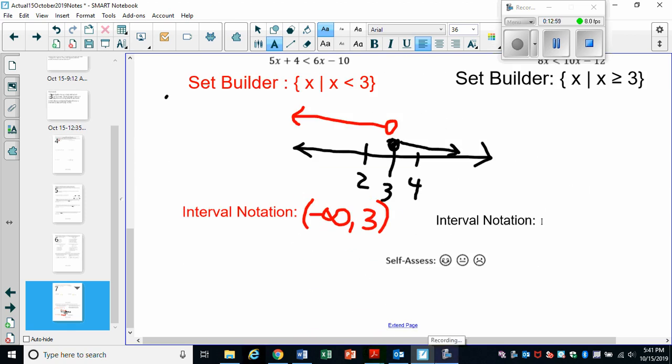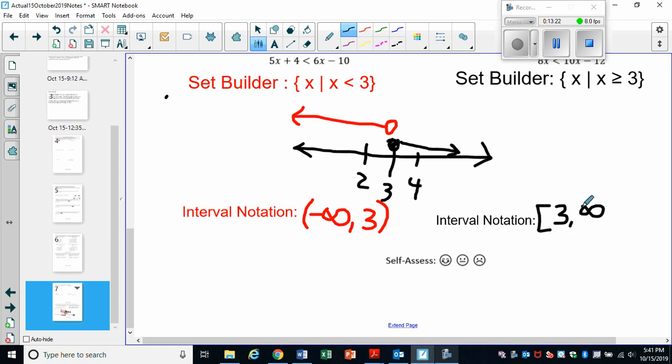My apology, interval notation. And then here, you will use the bracket this time because a closed circle is a bracket. And since we start at 3, it includes 3, comma, we're going to end at positive infinity. So we have our infinity symbol, and then close parentheses.